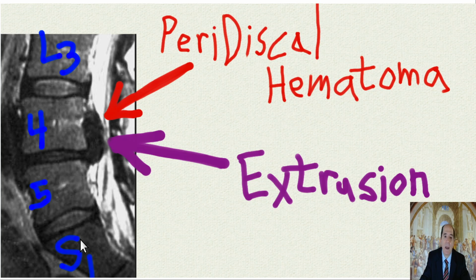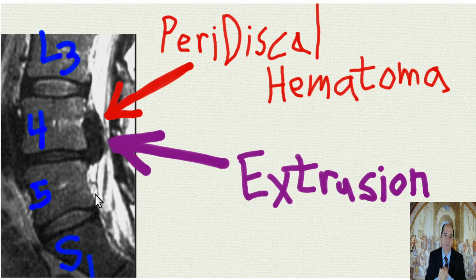And notice how the disc extrusion is bigger than the disc itself. A lot of times this is not all disc material. Very often there are a lot of veins in the anterior epidural space, the anterior part of the spinal canal, and there's a plexus in there.